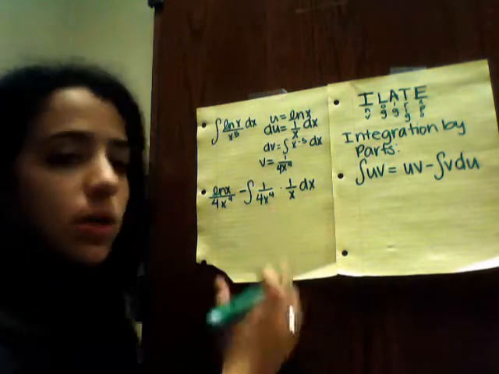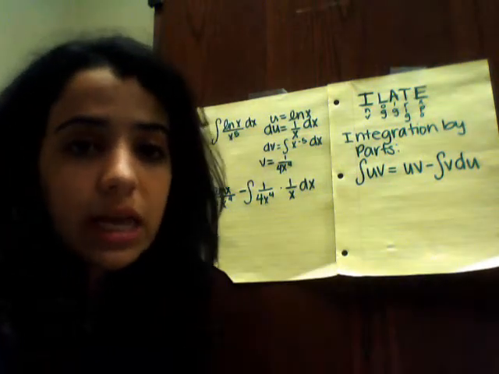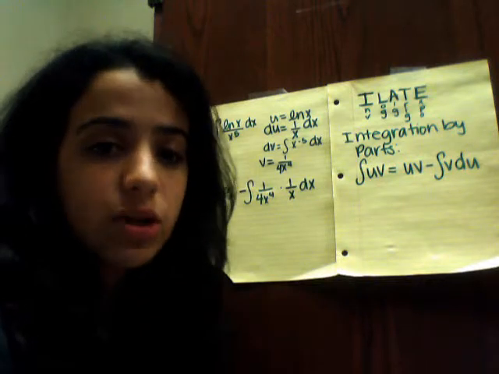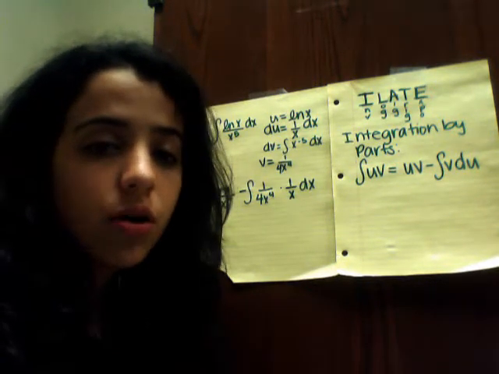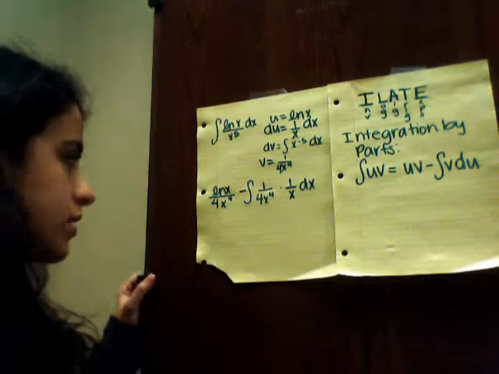So what we want to do is simplify this integral in order to make it simpler for the integration process by eliminating its common factors or by taking out the constants.